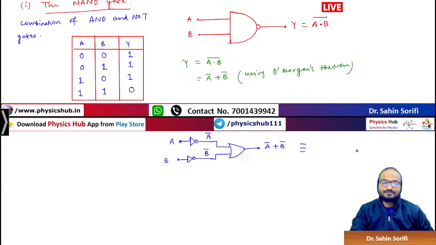This is A, this is B, let us say. So, instead of showing this much, we can just simply show this, like this.